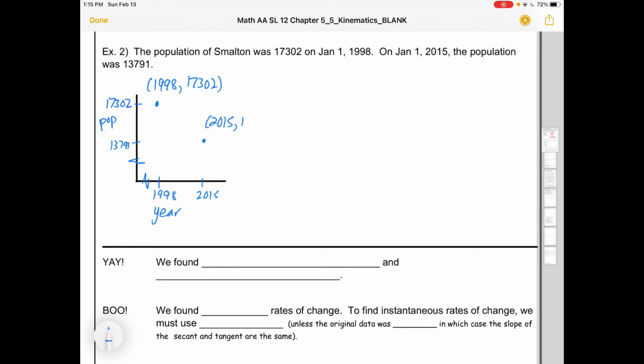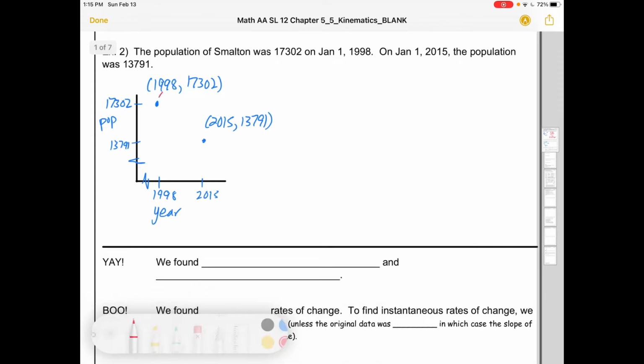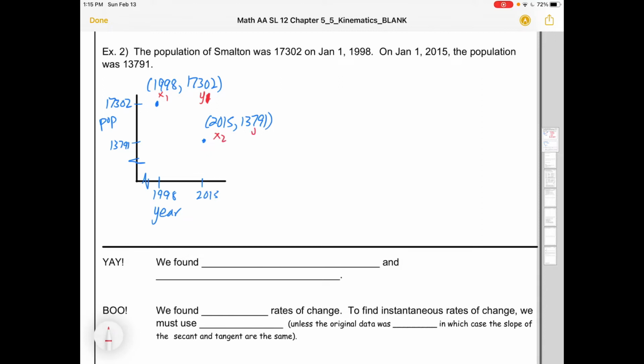Again, we could find the slope between those 2 points. So we could just go, okay, this is x1, y1. X2, y2. You could also just find rise and run if you want. But we're finding the slope between these 2 points.